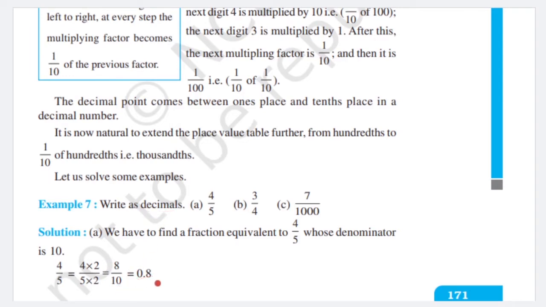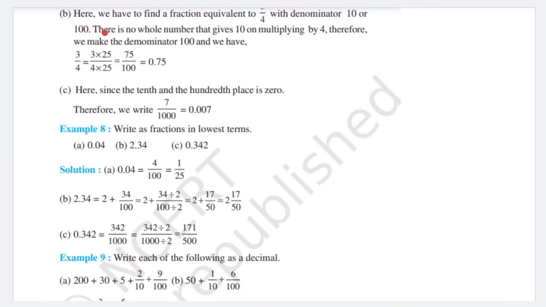Okay. Next one. Second one, you have to find the equivalent of 3 by 4. From 4 you can't reach 10, because 10 is not a multiple of 4. Then the next one will be 1 followed by 2 zeros, that is 100. You have to reach 100 now from 4.